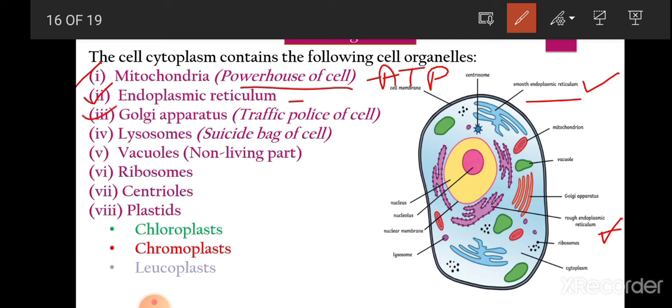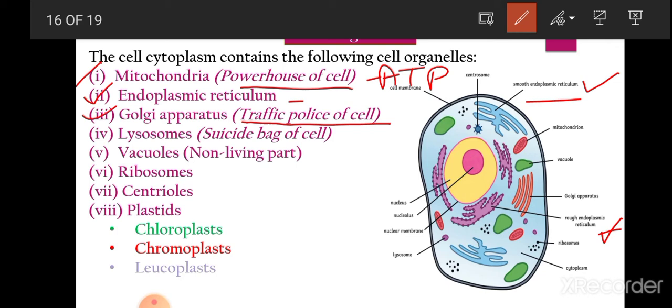Next is Golgi apparatus or Golgi complex, also called dictyosome. They are called the traffic police of the cell. Why? Because the Golgi complex is made up of flat membranous sacs, and it carries out various important functions.